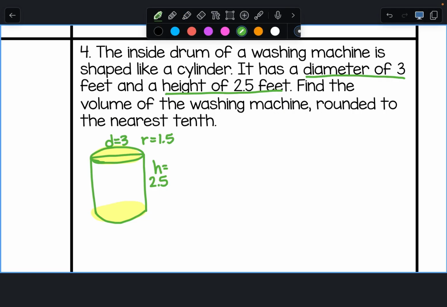Find the volume. So to find the volume, you first must find big B, pi r squared. What is pi r squared? Yeah, well, 7.1. The 0.6 rounds it to 0.1.